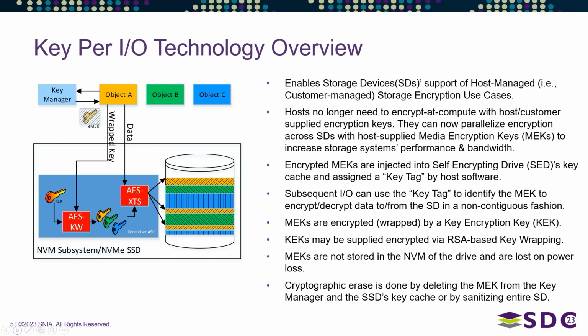And think of this key cache as a volatile cache. In other words, if you power cycle the drive, all the keys go away. Let's say that the key cache is 1,000 keys, and you've got one namespace. But if your host is using 10,000 keys, it's going to have to figure out at any given point in time which 1,000 keys it needs to have loaded in the drive prior to actually needing to use those.